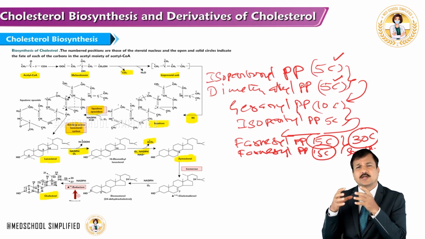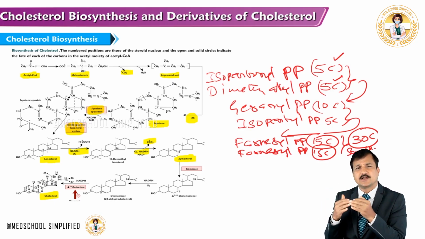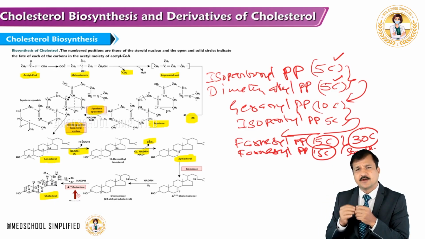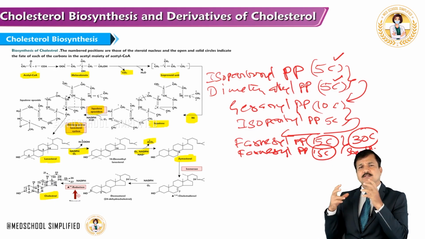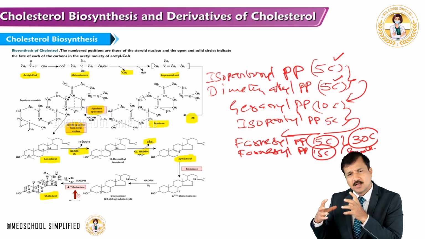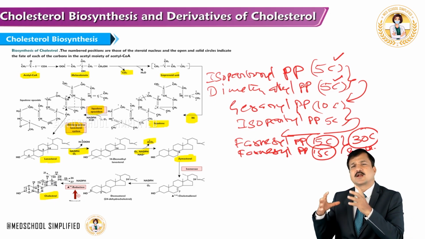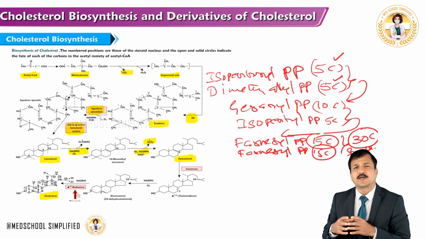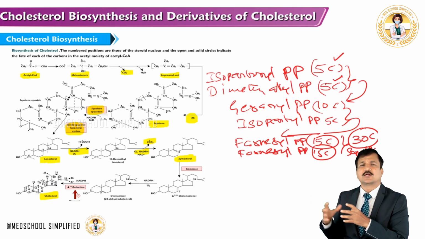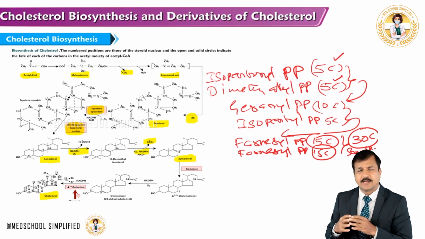I want you to at least remember the names of these intermediates, that is geranyl pyrophosphate and farnesyl pyrophosphate, because although they are going into the cholesterol biosynthesis pathway here, there are other uses of geranyl pyrophosphate and farnesyl pyrophosphate. They go into other biological reactions. That's why we need to know them. We are going to go to that later.